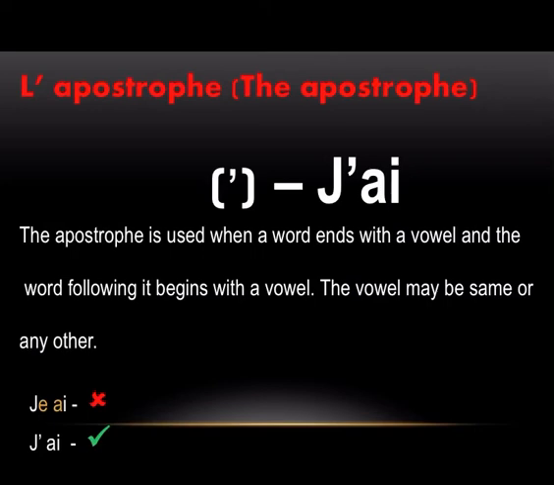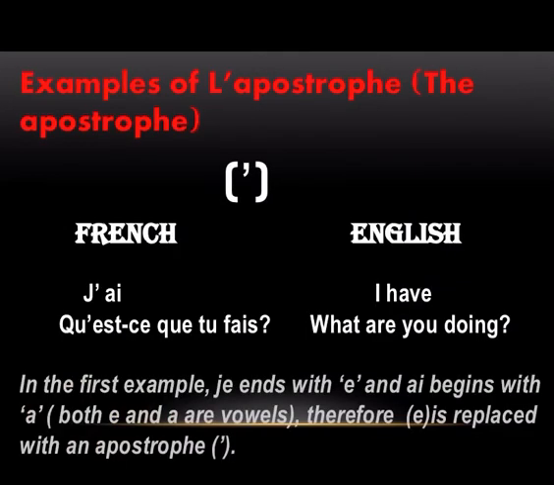The other way of writing is right, that is j apostrophe ai. So there are some examples as we have talked about earlier. J'ai, which means I have. In this, je ends with e and ai begins with a. So both e and a are vowels, therefore e is replaced with an apostrophe.